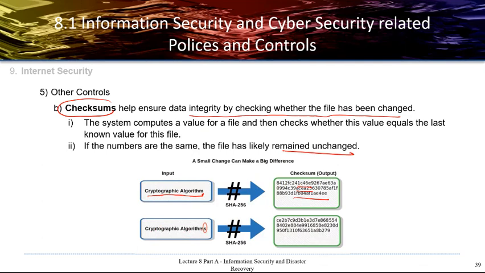When you hash it the same way with the same algorithm, you can see the number is different now. The checksum output is different. So therefore you recognize that the string has changed. Small changes make a big difference. So that's what it's trying to do.